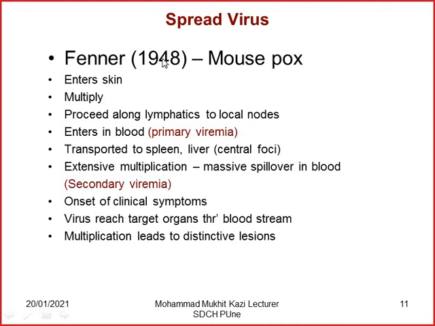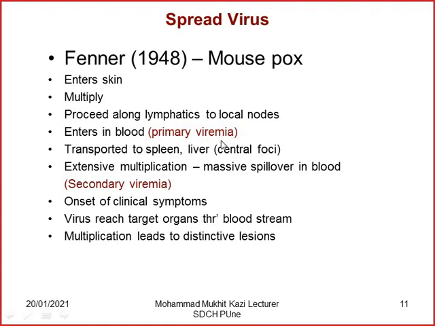In 1948, Fenner studied how the virus spreads in the mouse, and the example was mousepox. Mousepox enters the host through the skin, and multiplies and proceeds along lymphatics to the local nodes, and then enters the blood.